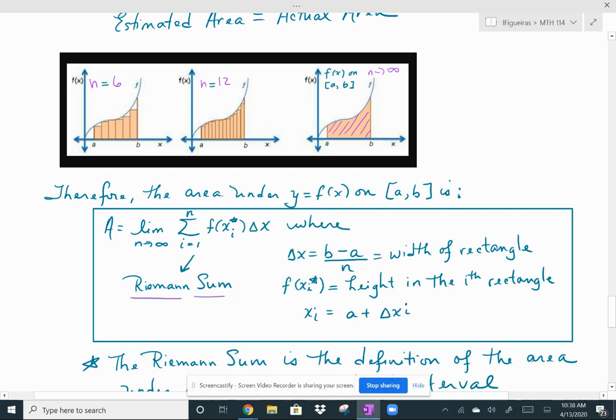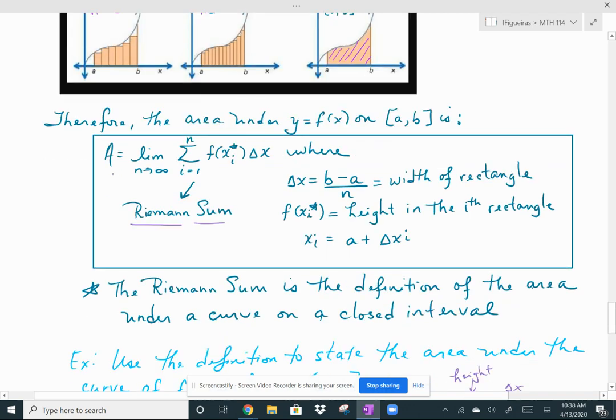So therefore, the area under the curve of y equals f of x on the interval from a to b is defined to be this right here, the limit as n approaches infinity of the sum as i goes from 1 to n of f of x sub i star times delta x, where, so there's some new stuff here that I need to explain, where delta x is b minus a over n.